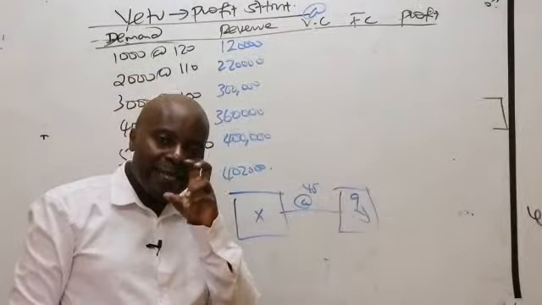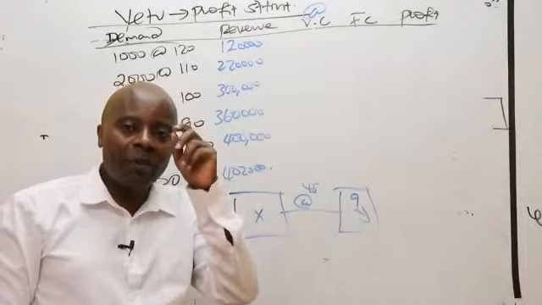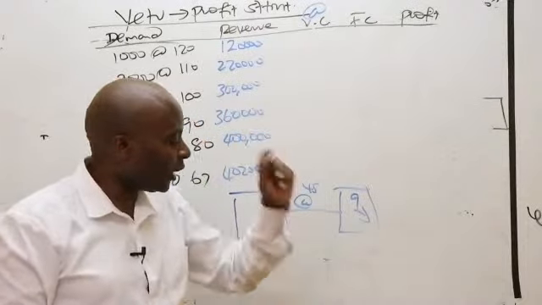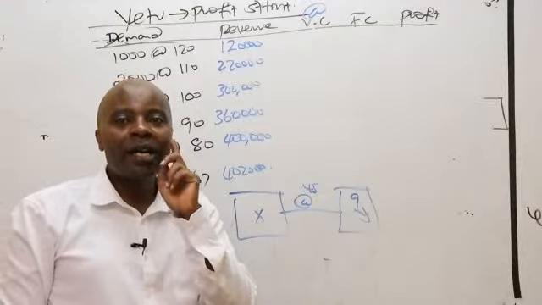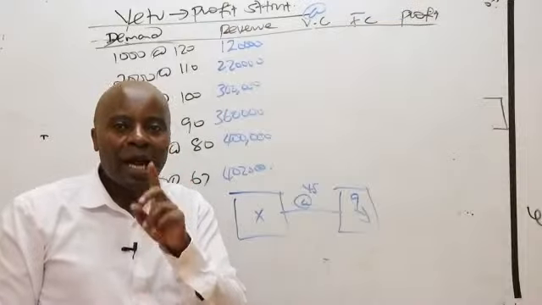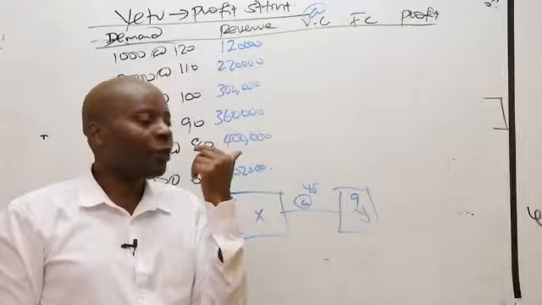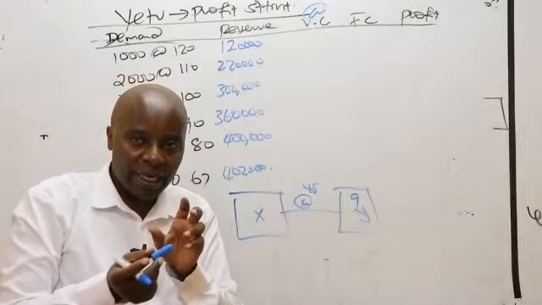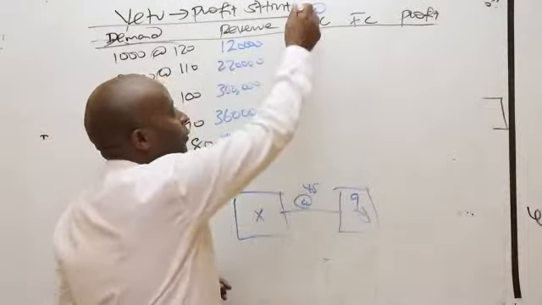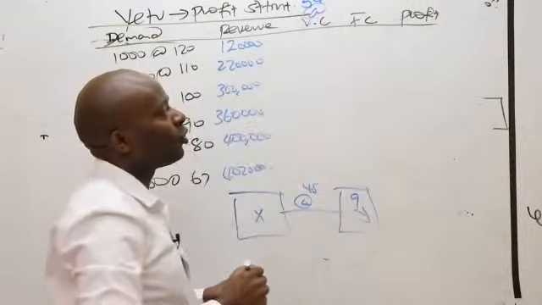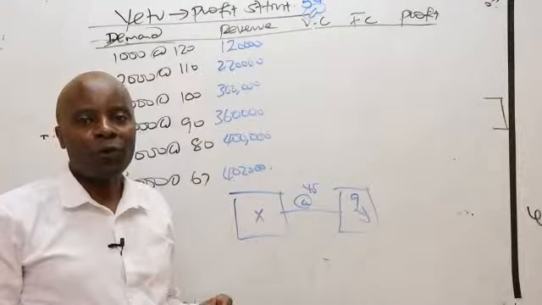Because we are appraising the profitability of Y alone, I look at my variable cost as Y of 9, and they are looking at me as if I'm different from X. So whatever amount I paid to X has to be fused together with my own variable cost, such that the total variable cost here will be 54. Is there any question there?